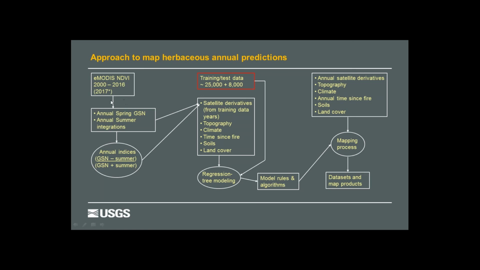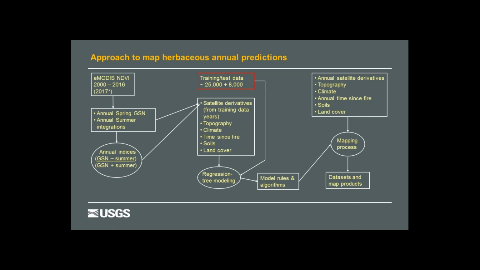So one of the things we do is we develop a start of season week, which is a spatially dynamic data set that tells us, okay, if this pixel has cheatgrass in it, it's going to start greening up during this week.